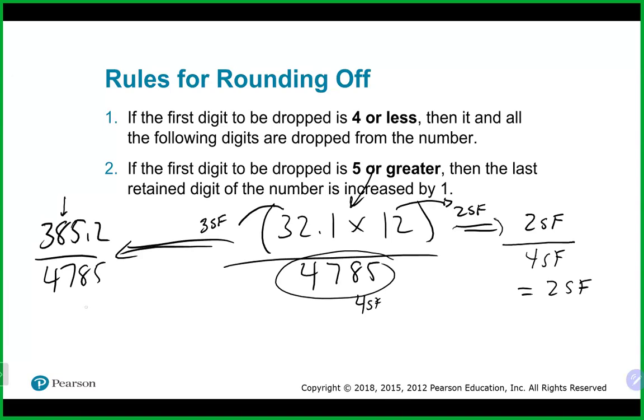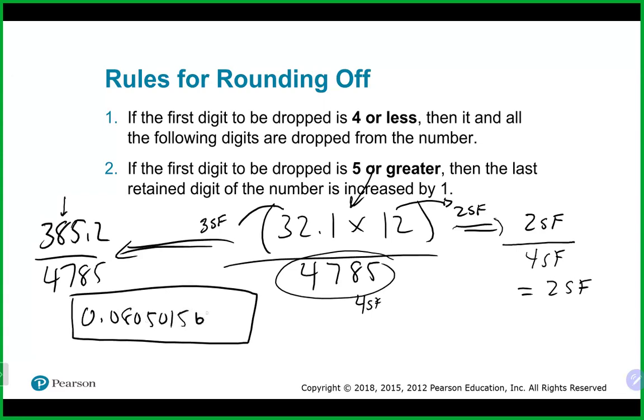And that's going to give me on my calculator here 0.080501567. At this point, because I didn't round, but I did keep track, like, okay, that's 2, and then that is 4. Now I know when I get down here, I'm not going to have really any rounding error because I didn't do any rounding to begin with. And now I could just go to 2, which actually would be this guy.